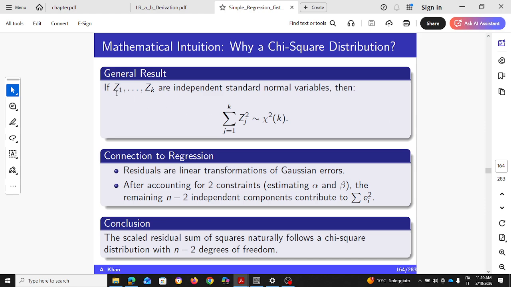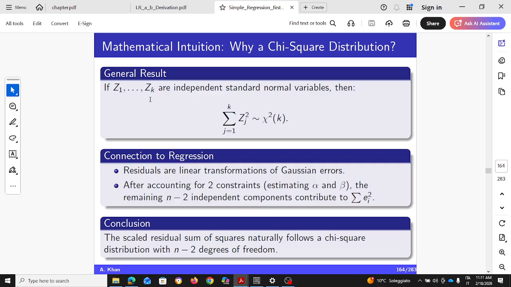How? If in our data set each experiment is independently and normally distributed, z1 up to zk, if we take the square of each of these terms and add them, this gives us a chi-square distribution.